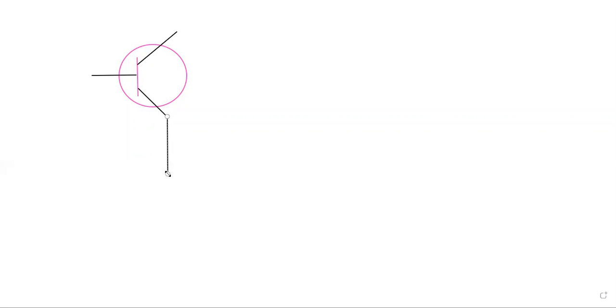This is the common emitter, and here suppose I connect one input resistor, and here I connect one biasing voltage. This is the input part.